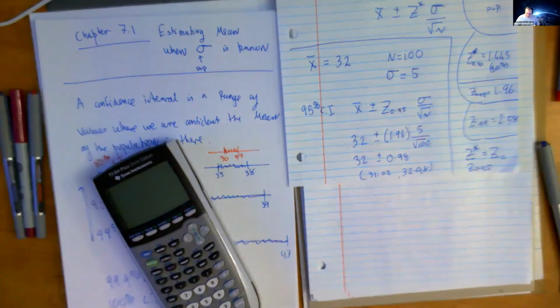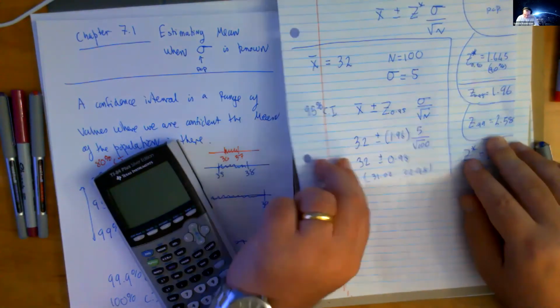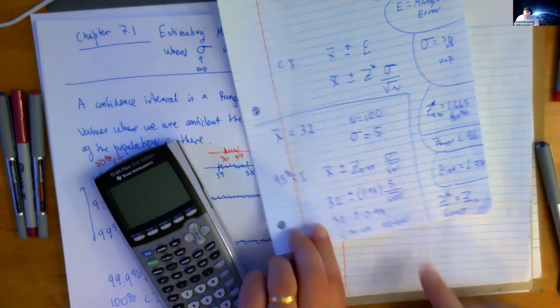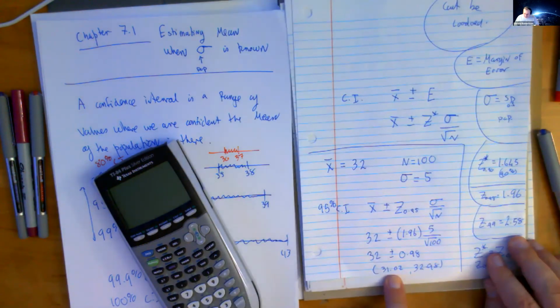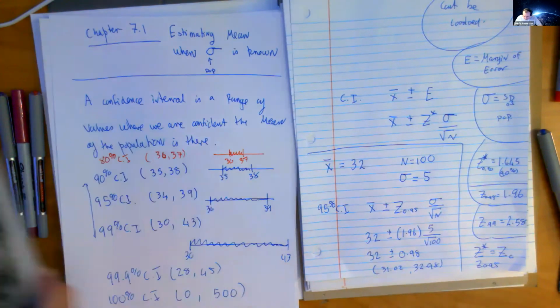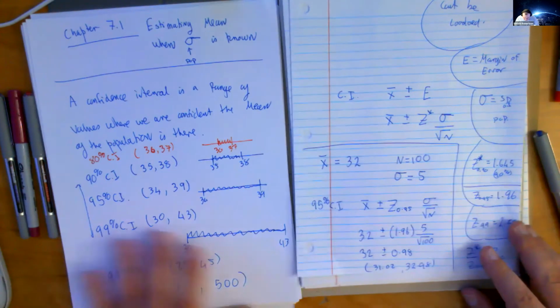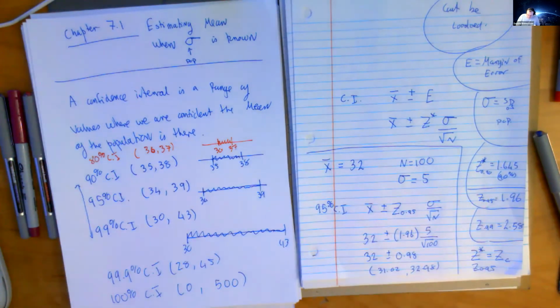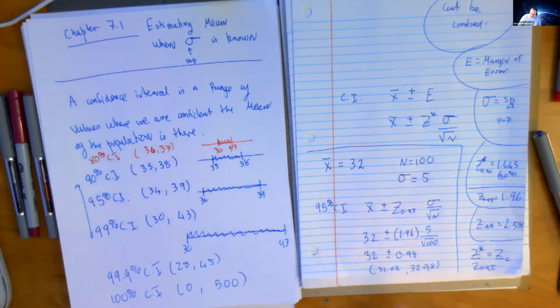Okay, so we just found this guy, didn't we? Now, sometimes you get asked a couple of other questions at the end of this process. Would you say that there's pretty strong evidence that the average age of Americans is at least less than 32?